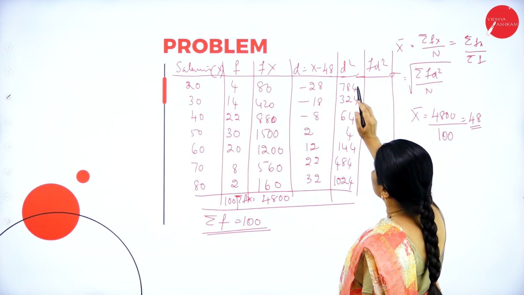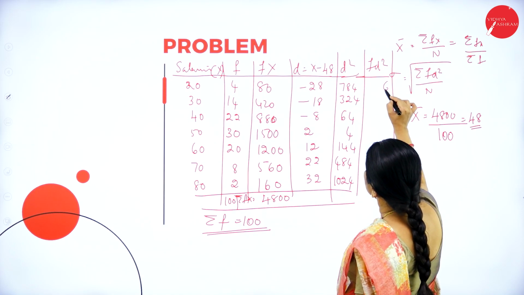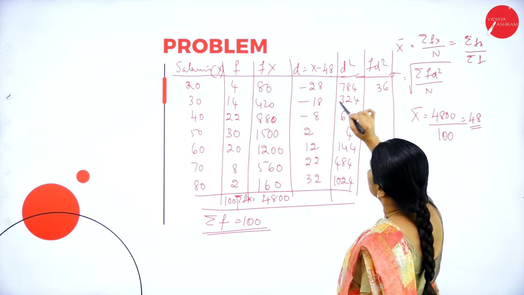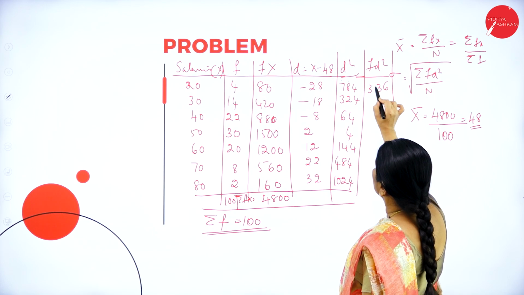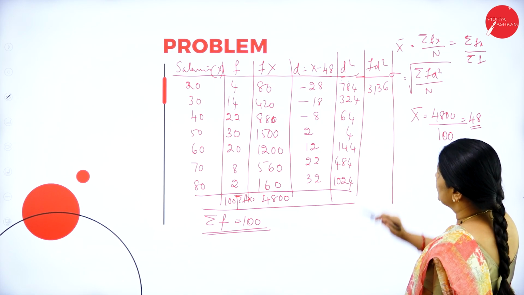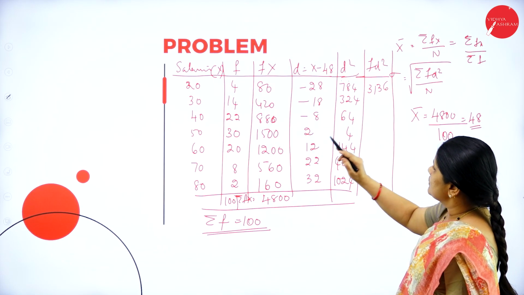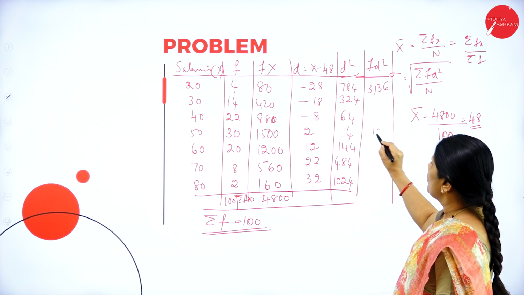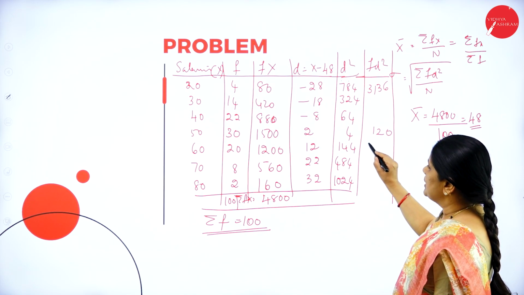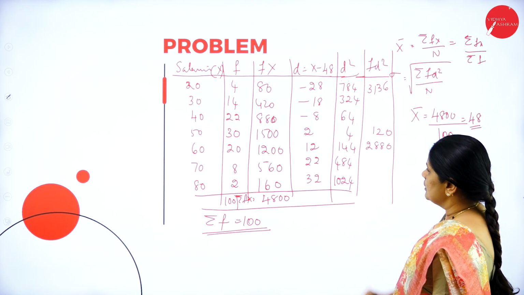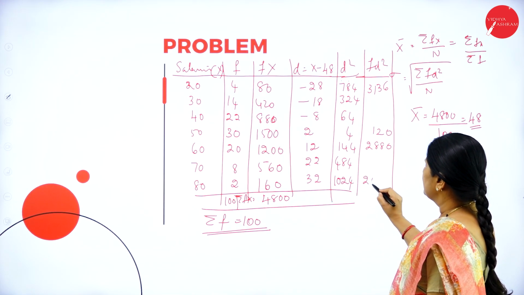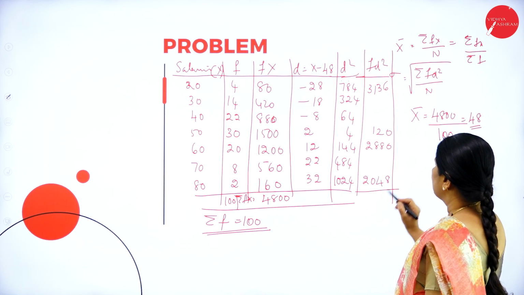So 4 into 784, 4 4s are 16, 4 8s are 32, 4 7s are 28, so 3136. Next 14 into 324, 22 into 64, 30 into 4 is 120, 20 into 144, so that will be 2880, then 8 into 484, 2 into 1024, that will be 2048.